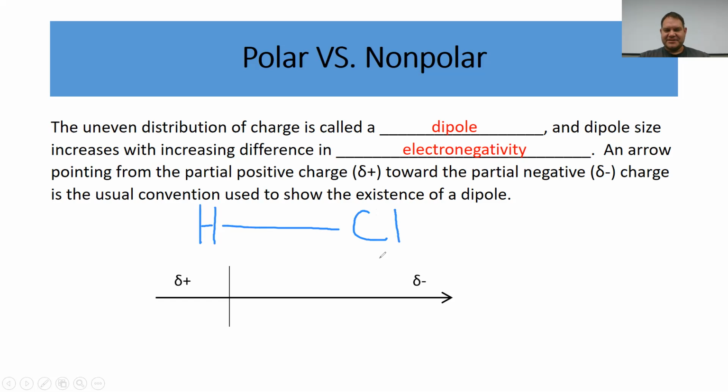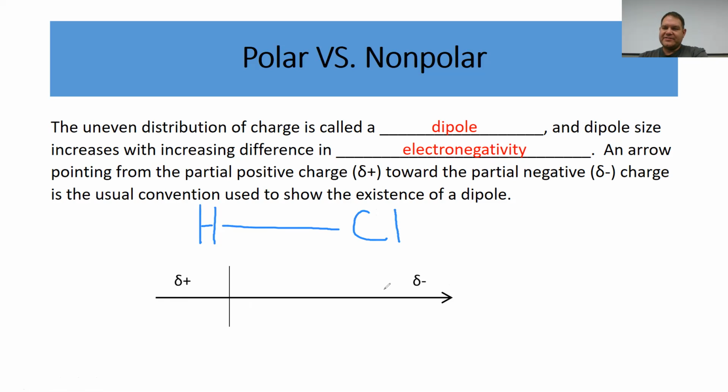We're going to represent it using a dipole arrow. It's an arrow that points to the most electronegative atom. The arrow always points to the most electronegative atom. Since chlorine is that, it's pointing towards chlorine.